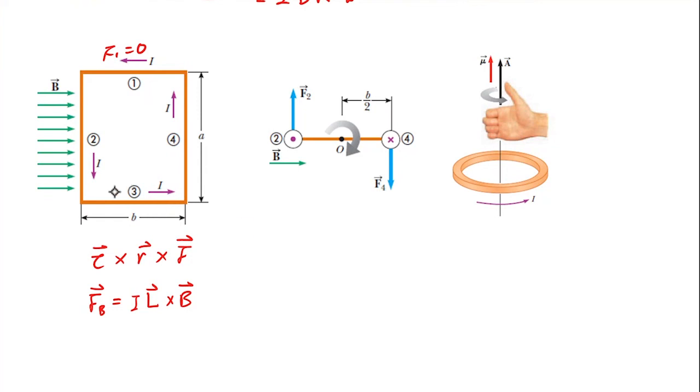Likewise F3 will be 0 here as well. So far we know those two. Okay, then let's look at F2. You put your fingers along with the magnetic field, and then your thumb downward. Do you see that the direction of the force is coming out of the page?